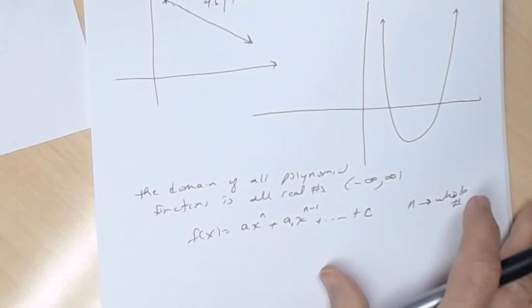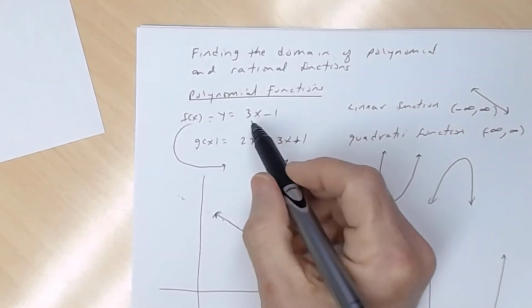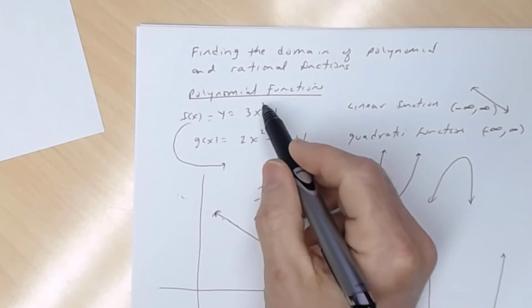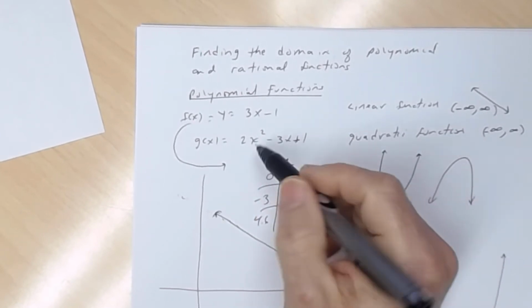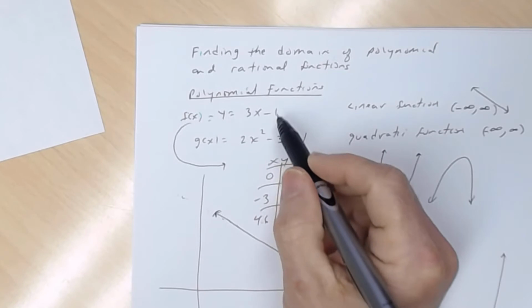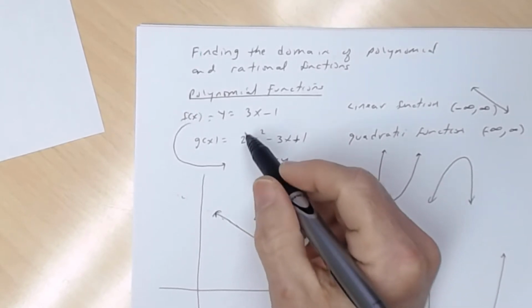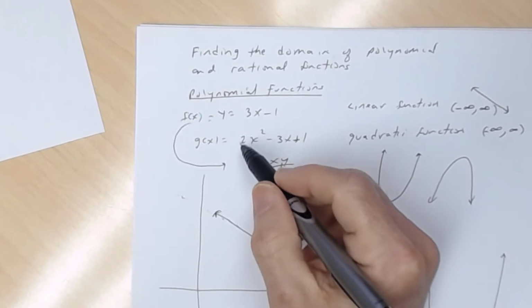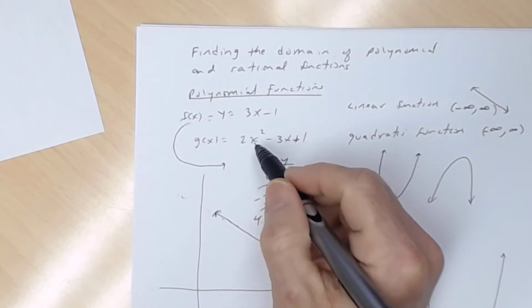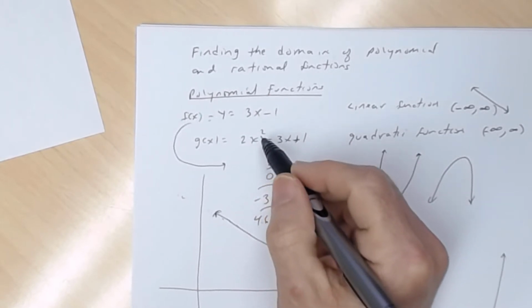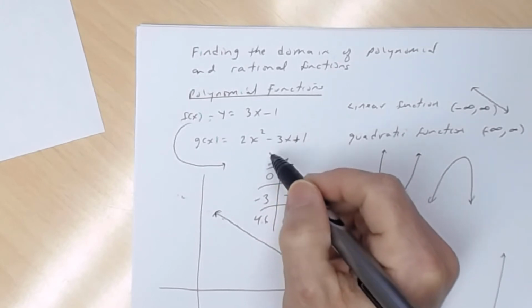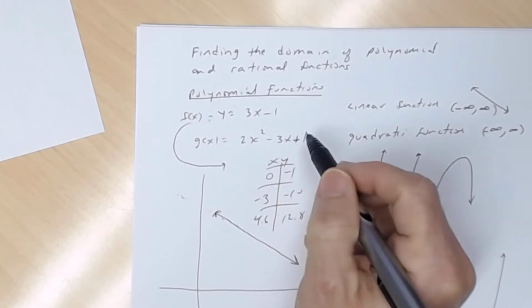So notice that when I did this, the coefficient is 3, x is raised to the first power, 1 is a whole number, and you have your constant. The coefficient is a real number; it could be any real number, a fraction, decimal, integer, whatever you want it to be. And notice that the exponent here is 2, the coefficient is negative 3, the exponent is 1, and then your constant.